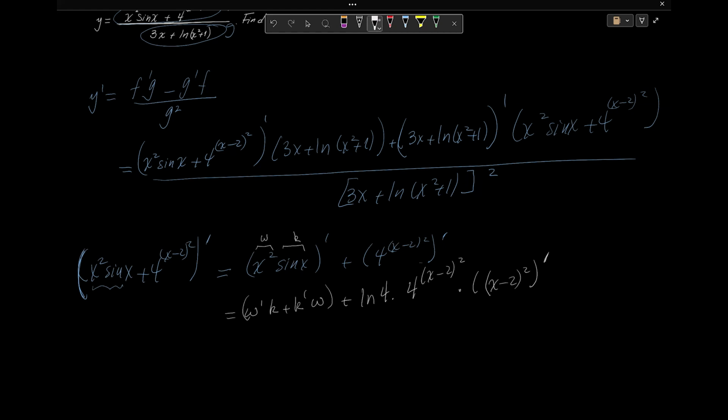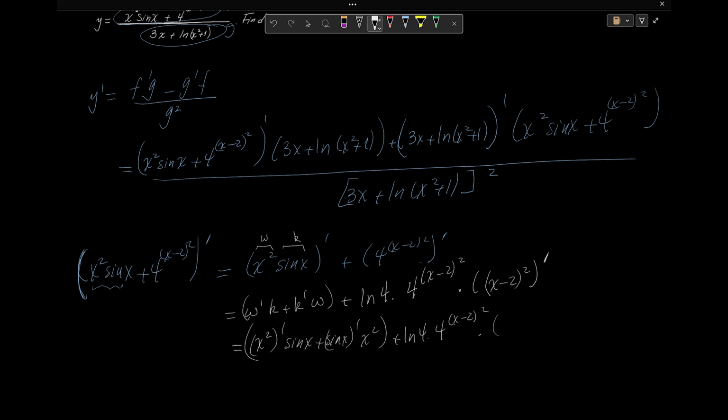Ln of 4, 4 to the function times the derivative of that function. So let's write what w prime is. That's x squared prime sine x plus sine x prime x squared plus ln of 4 times 4 to the x minus 2 squared times.